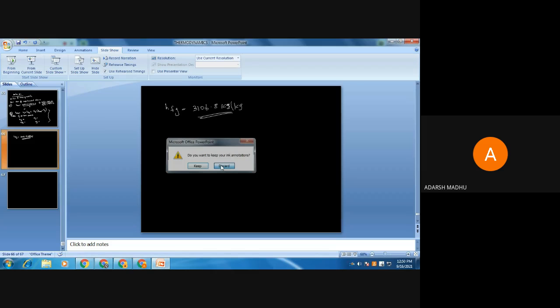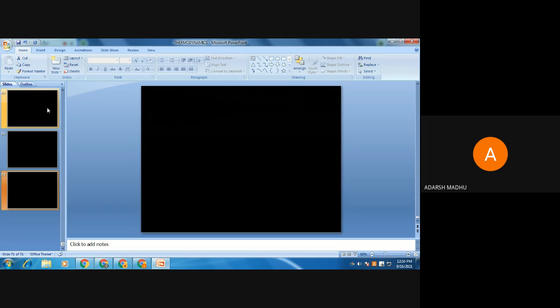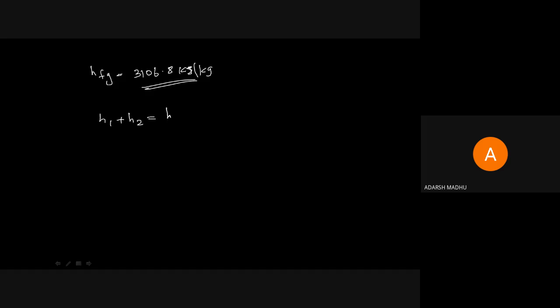That equation we have written: H1 plus H2 equal to H main.